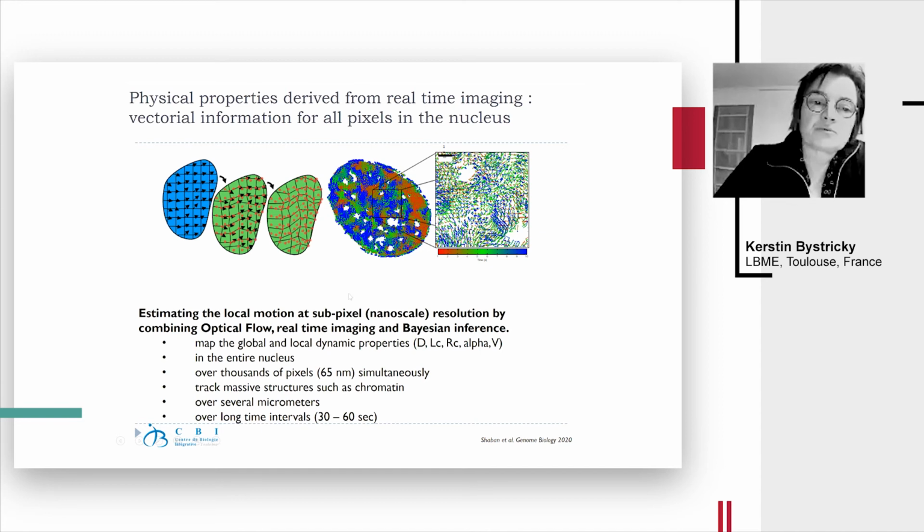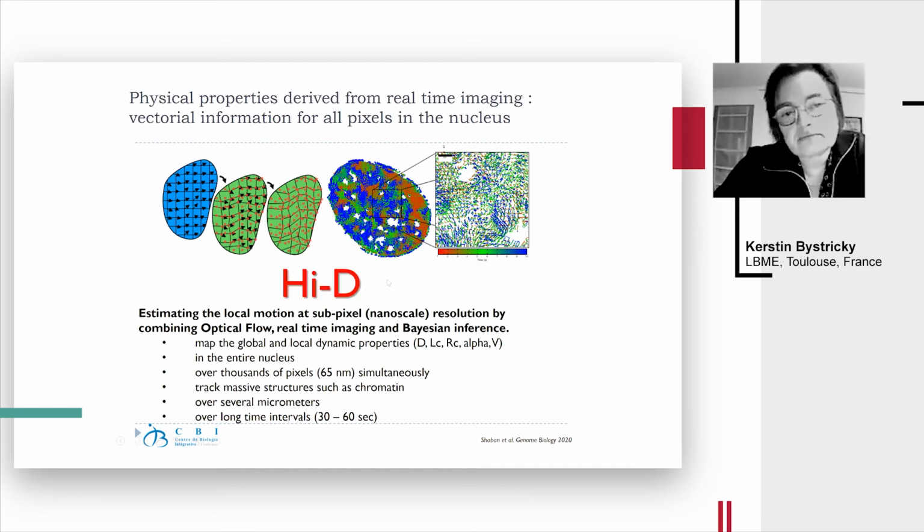So what is nice with this technique that we called HiD, for high dynamics, is that you can map the global dynamics in the entire nucleus over thousands of pixels, depending on, of course, your resolution, and over several micrometers, over relatively long time intervals, which enables you to get true quantitative data.